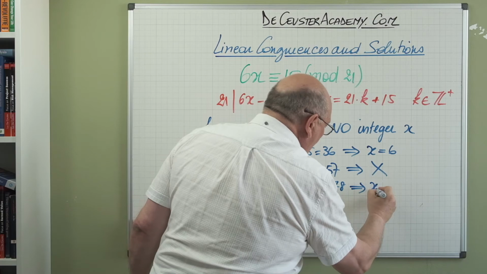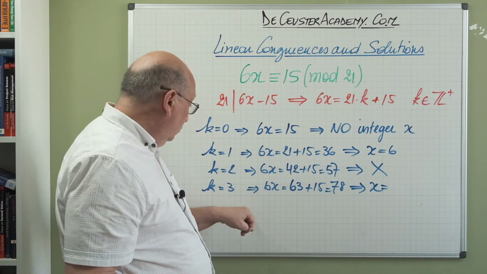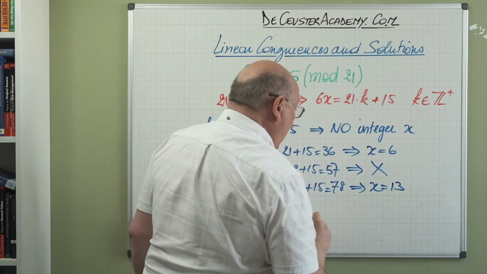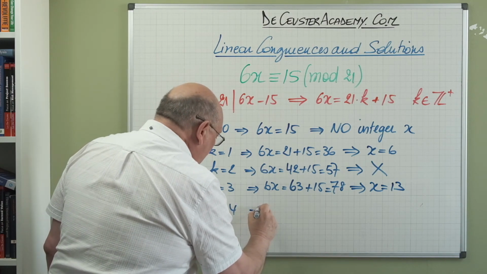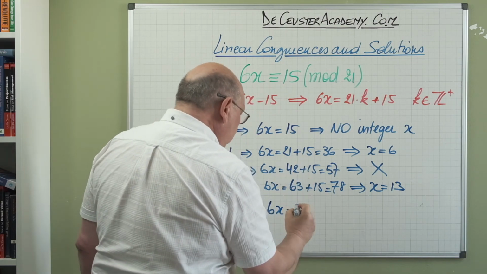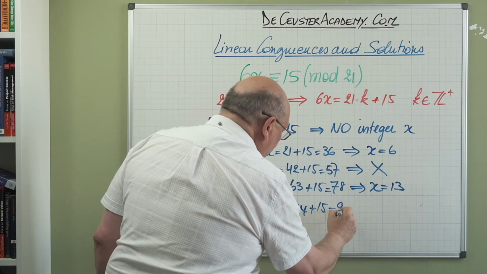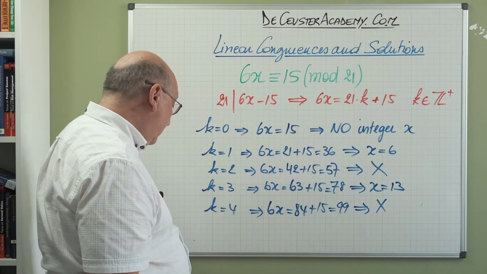So we find now an x value which is equal to 13. And we find k equal to 4, and we see that 6x is 4 times 21 is 84 plus 15 is 99, and there is no integer value for x.